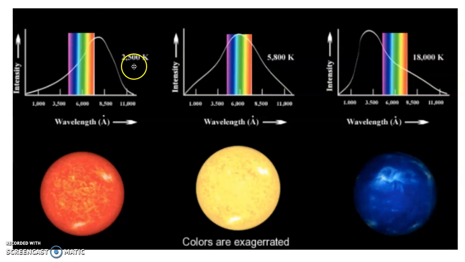So for every temperature, an object will always peak. It will give off a whole range of wavelengths. So if we look at this star here, which has a temperature of 2,500 Kelvin, it's giving off all of these wavelengths, right? It's giving off the 1,000, 3,500, 6,000, 8,500, 11,000. It's giving all of these.